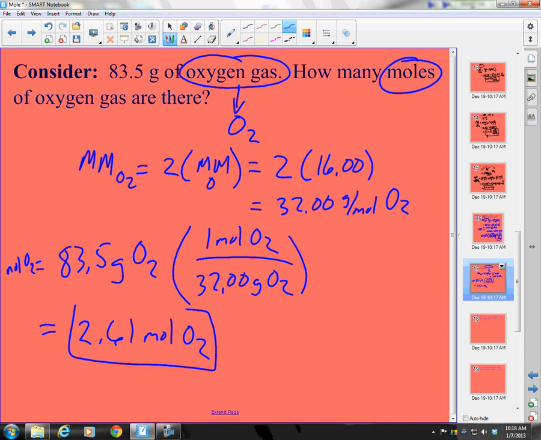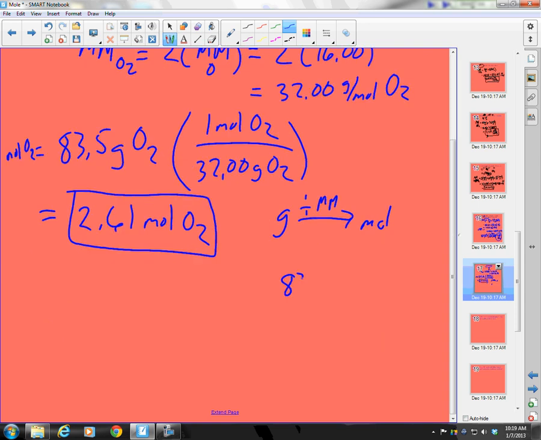There we go. And if you worked that a different way, going from grams to moles, you divide by molar mass. So you take 83.5 grams of O2 divided by 32.00 grams per mole of O2, and you'll get the same answer. Cool.